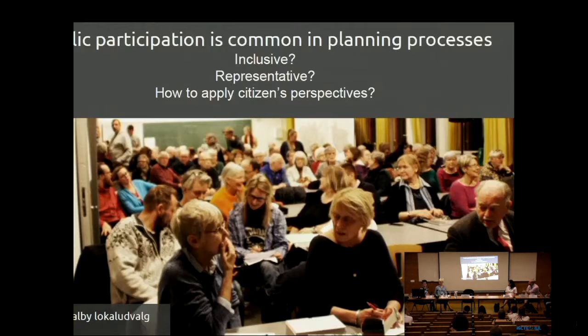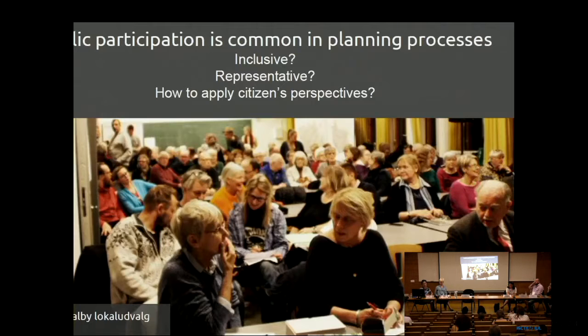So, what we looked at was if the GIS could respond to some of the challenges that more classic public participation has. Studies have shown that sometimes they are not that inclusive. This is a picture of a classic public participation process, which is a public hearing in Denmark. And as you see, it's mostly old people.